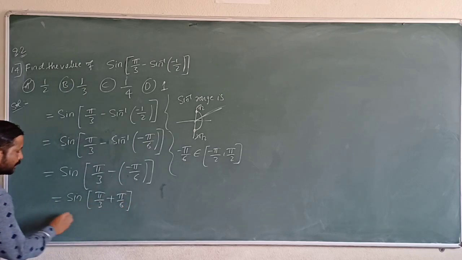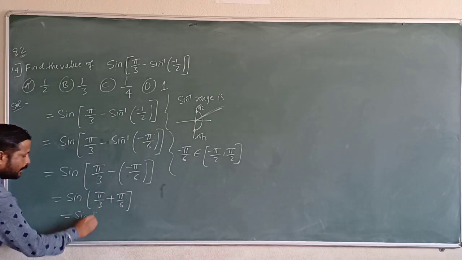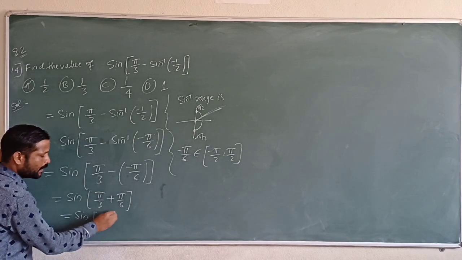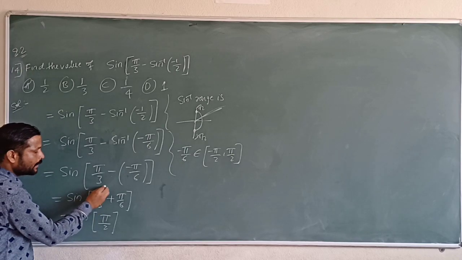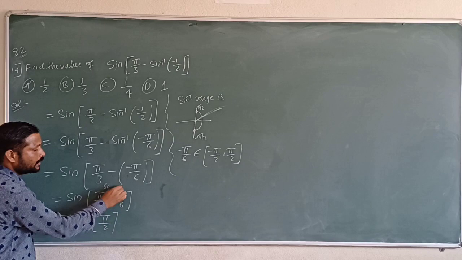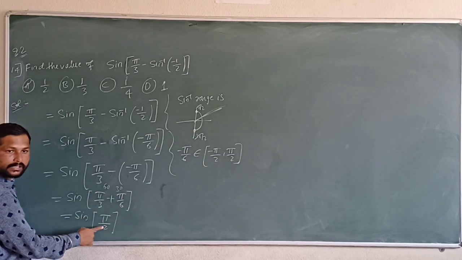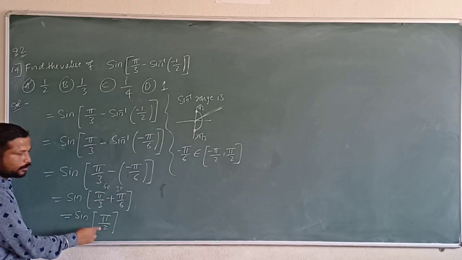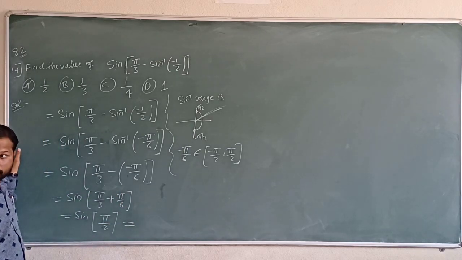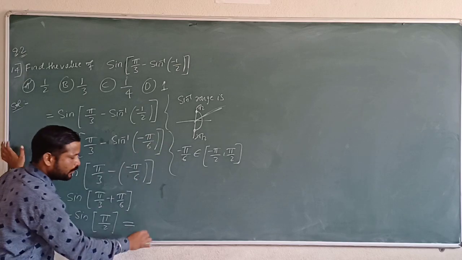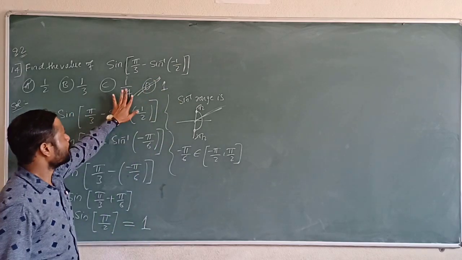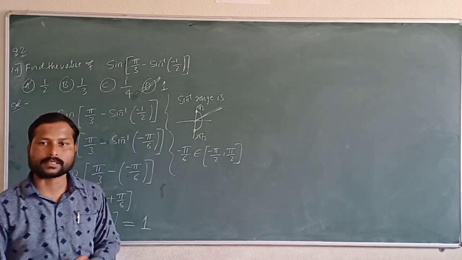Now, sine of pi by 3 plus pi by 6: what is the value here? Pi by 3 means 60 degrees, pi by 6 means 30 degrees. 60 plus 30 is 90 degrees, that is pi by 2. Sin 90 degrees, or sin pi by 2, is the value 1 now. So therefore the option D is the correct answer.